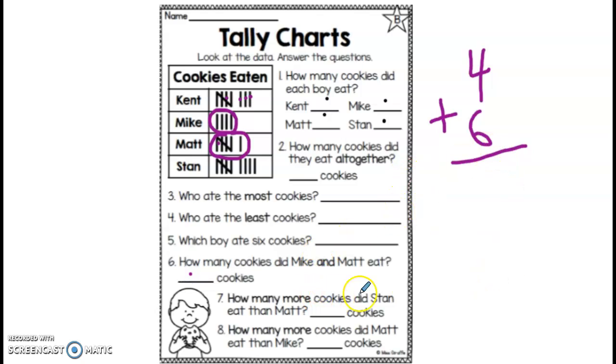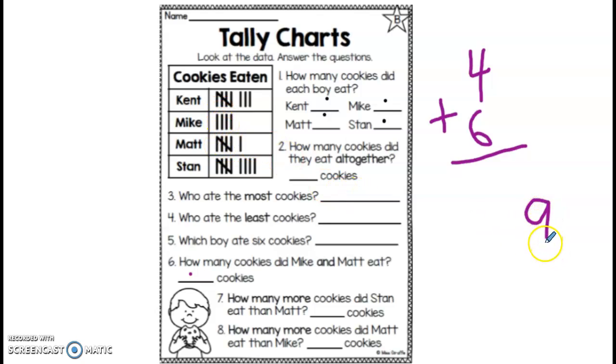Then it says, how many more cookies did Stan eat than Matt? So I'm going to erase again. Well, let's see here. Stan had 5, 6, 7, 8, 9. And Matt had 5, 6.